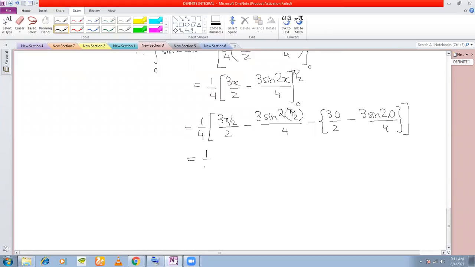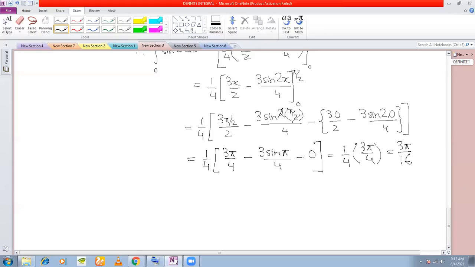So you get here 1/4 of 3 pi by 4 minus, here pi by 2 will cancel, so you simply get 3 sin pi by 4 minus, all this is 0. So you get 1/4 of, now how much is sin pi? Sin pi is also 0. So you simply get 1/4 of 3 pi by 4. Your answer is 3 pi by 16. That's your answer. Is it clear?